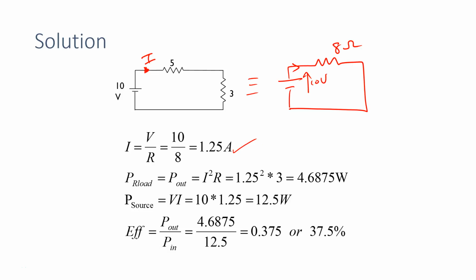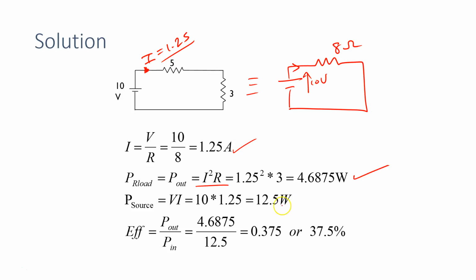Now we want to find the power delivered to the load. So we know P is equal to I squared R, which is the output power. So the current, which is 1.25 squared, multiplied by the resistance 3, gives us 4.6875 watts.